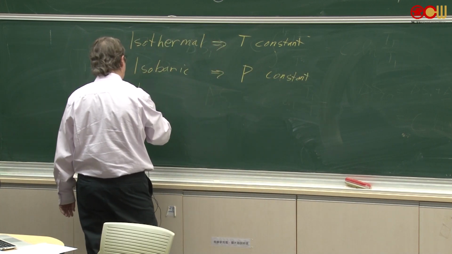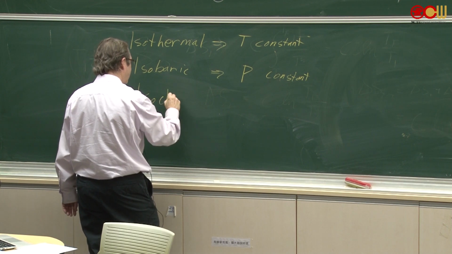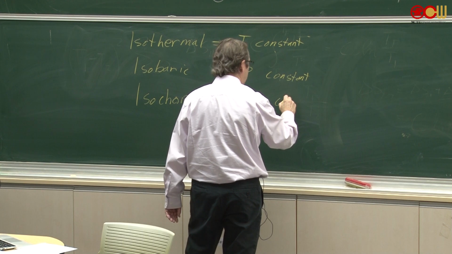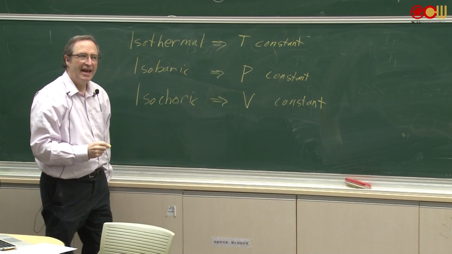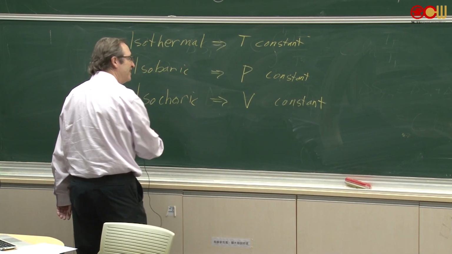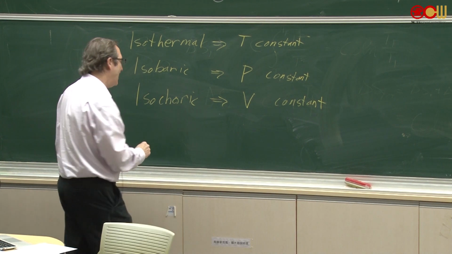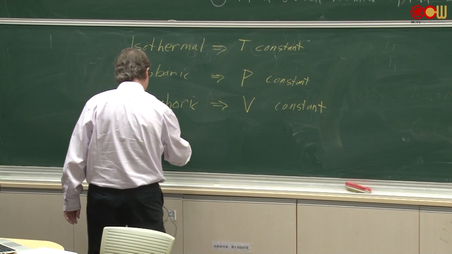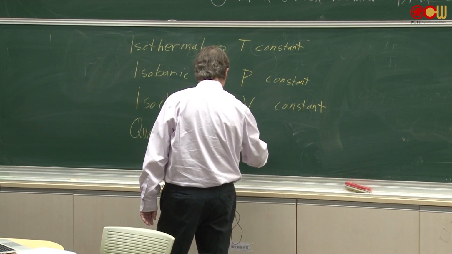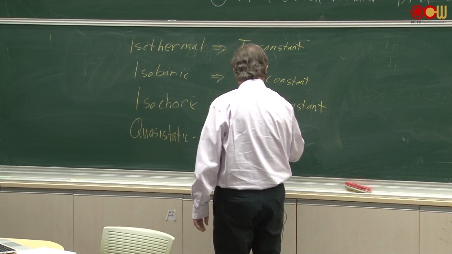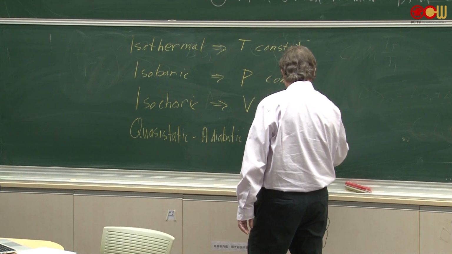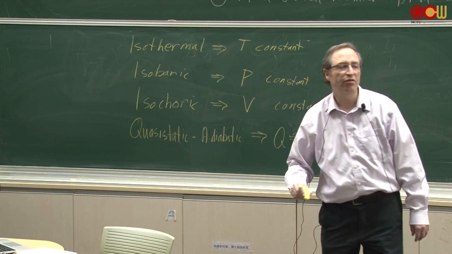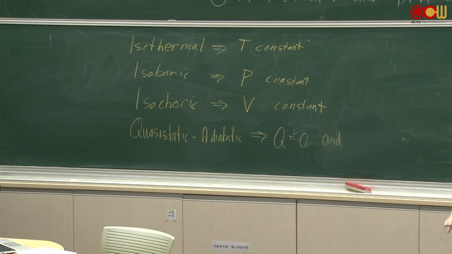There's isochoric, not many people use this, but V is constant. And we're going to look at quasi-static adiabatic. What that means is Q equals 0, and we're going through equilibrium states.